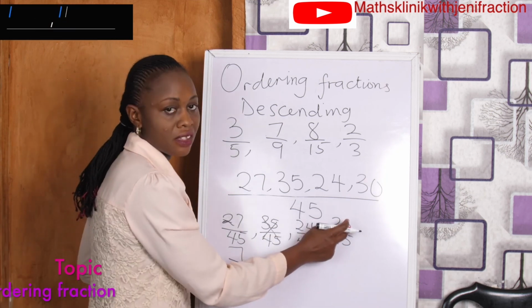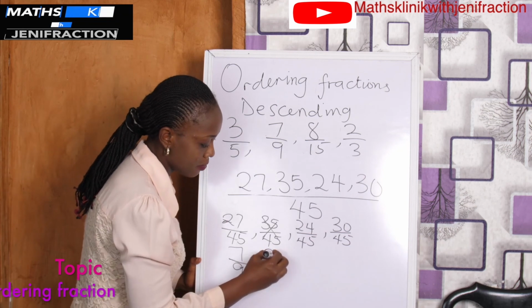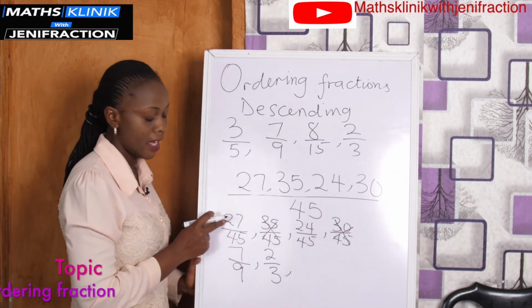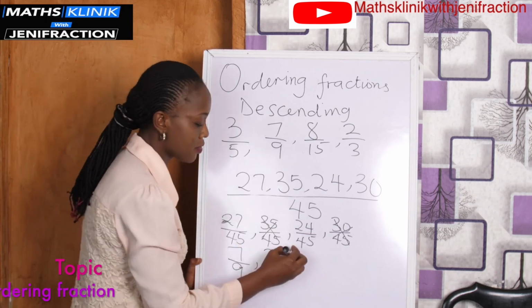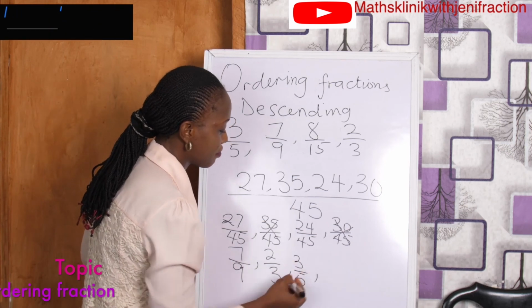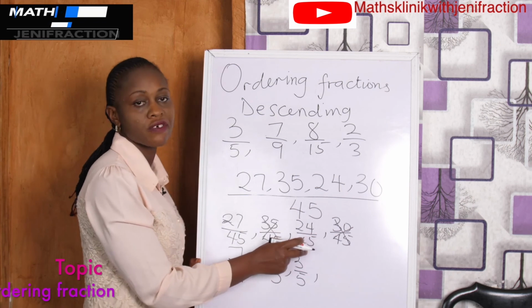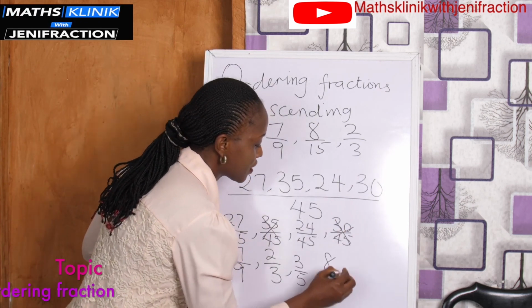We have 30 over 45, and that is for 2 over 3. This is out, and the next is 27 over 45, which is 3 over 5. And the smallest is 24 over 45, which is 8 over 15.